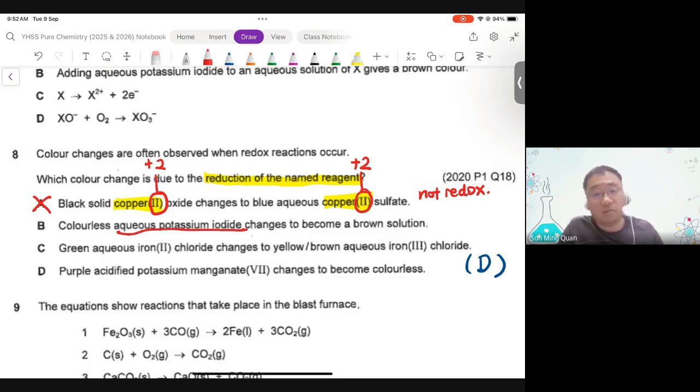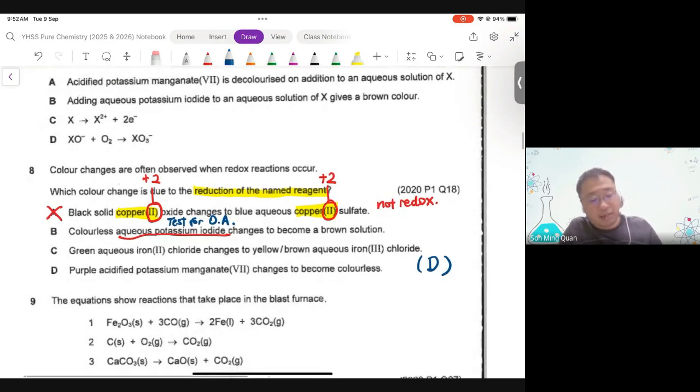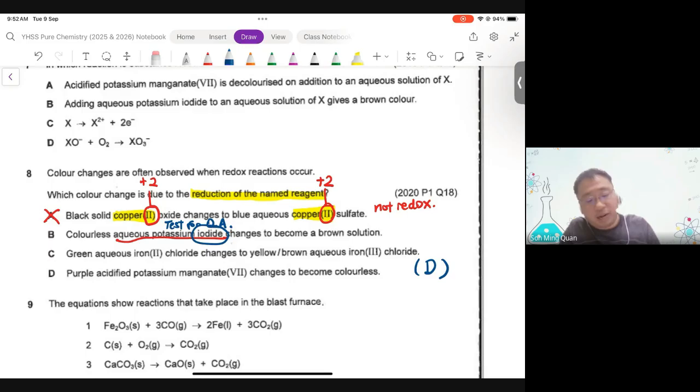And this is where you need to learn. Aqueous potassium iodide is a test for oxidizing agent. How does it work? Because the iodide ions in potassium iodide become the brown solution of iodine. All right.